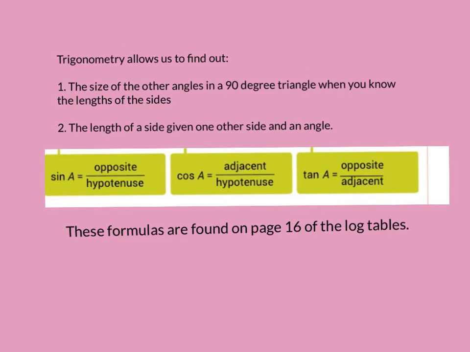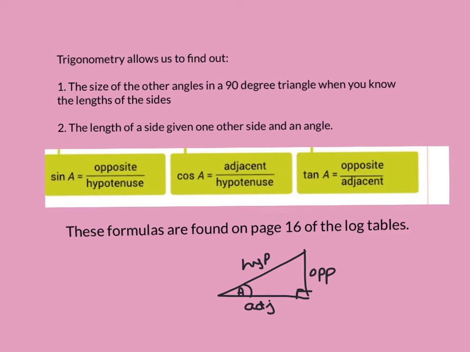So if you remember, a right angle triangle looks something like this, and this is my right angle. So this is what we call the hypotenuse. If we are looking at angle A here, then our opposite is going to be this side, and then the adjacent is going to be this side.